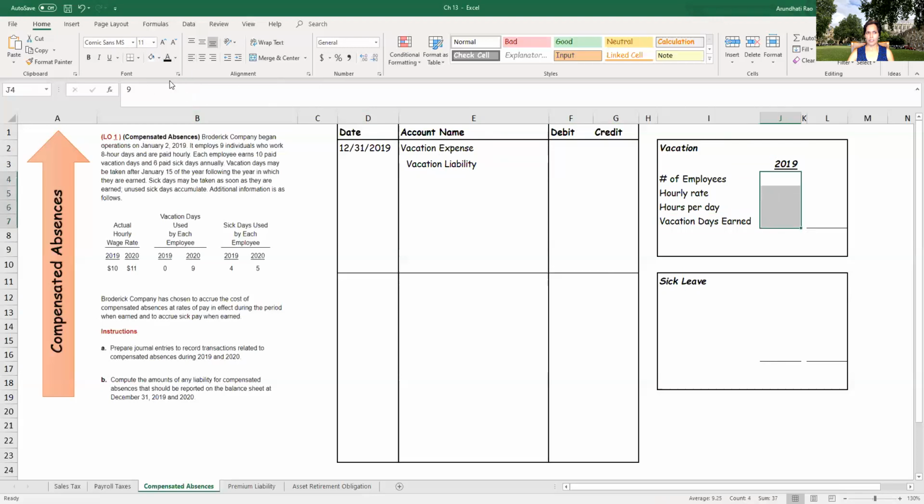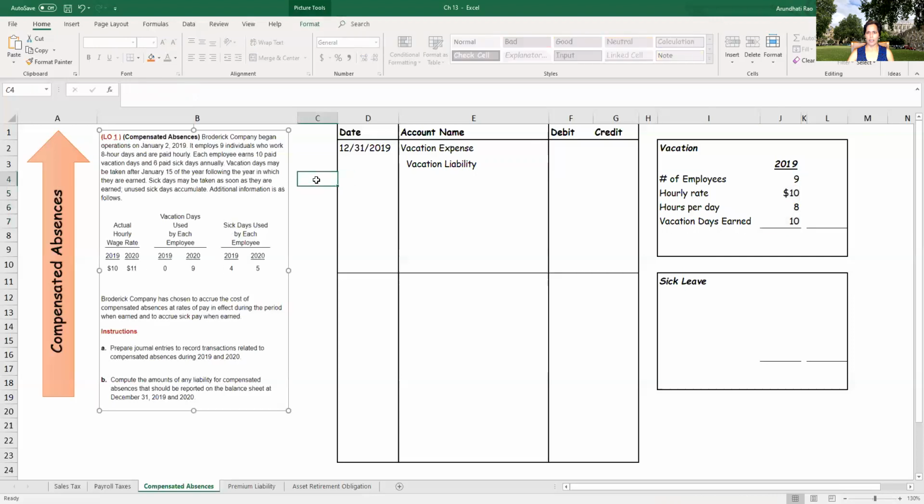We have 9 employees. These 9 employees earn $10 per hour. They work 8 hours a day, and they have earned 10 days of vacation. So this adds up to a total dollar amount of $7,200.